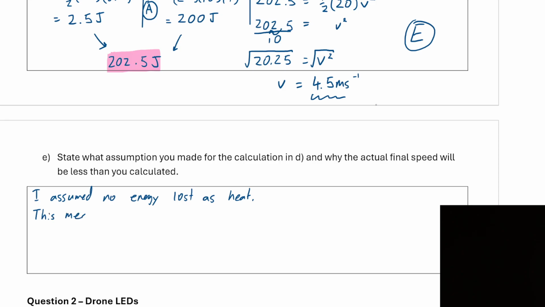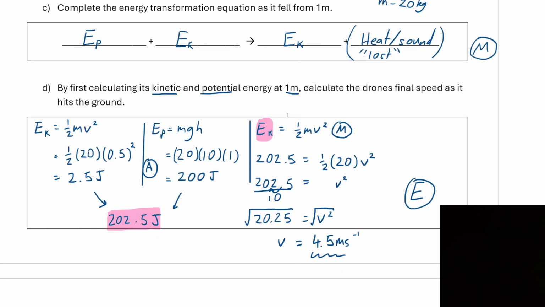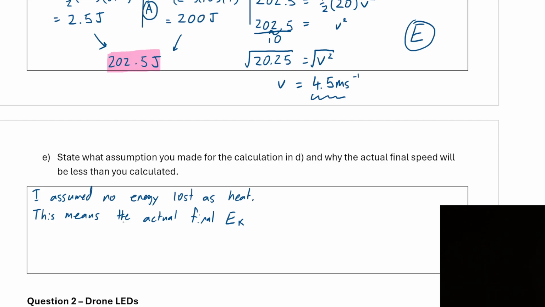So what does this mean? This means the actual final kinetic energy, remember that's the EK on the right hand side of this energy transformation, that kinetic energy, which we said was 202.5, will actually be less. So this means the actual final kinetic energy will be less.